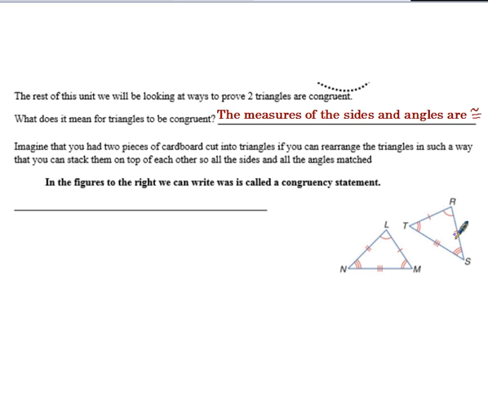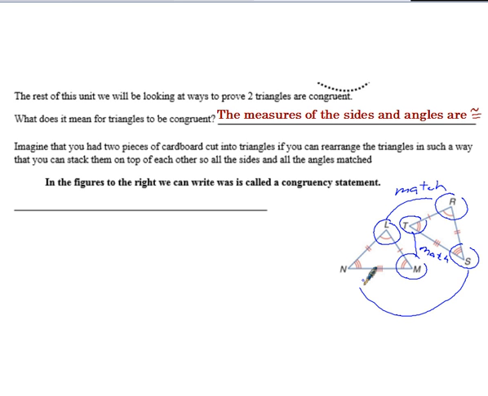Now notice how they change. It's 1 tick mark, 2 tick marks, 3 tick marks. So that means that this side here matches with this side here. Also this angle and this angle match each other, and then this angle where there's 2 lines and this angle where there's 2 lines is also a match. And then our last one is this.